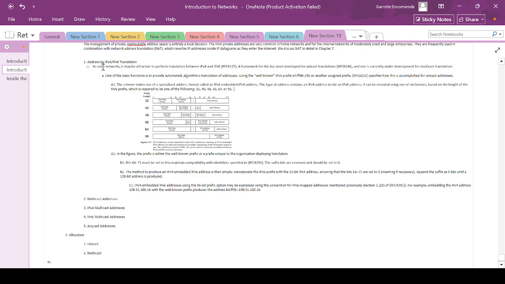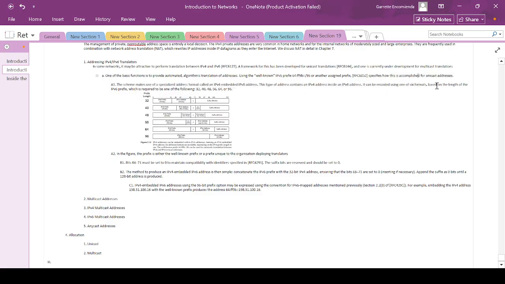Addressing IPv4/IPv6 translators. In some networks, it may be attractive to perform translation between IPv4 and IPv6. A framework for this has been developed for unicast translation, and one is currently under development for multicast translation. One of the basic functions is to provide automated algorithmic translation of addresses using the well-known IPv6 prefix 64:FF9B::/96 or another assigned prefix.